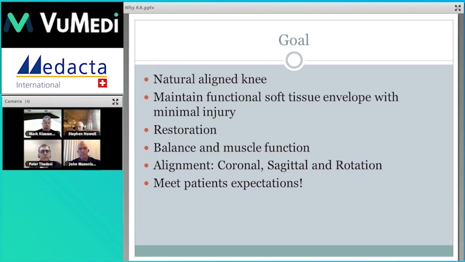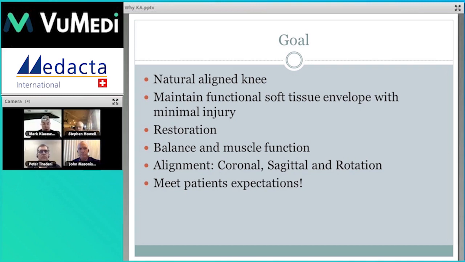So my goal, and the reason I do kinematic alignment, is that I want a naturally aligned knee. I want to maintain the functional soft tissue envelope with minimal injury. And what I've found is that I do not have to do nearly as many releases, if any, when I use kinematic alignment. We're restoring the natural position of the joint.